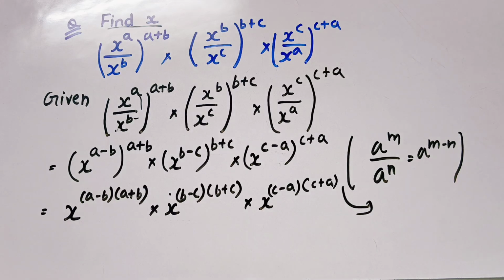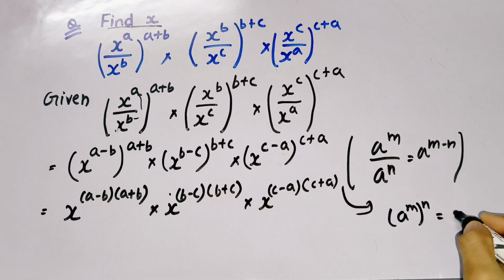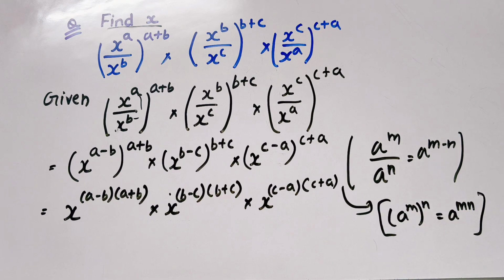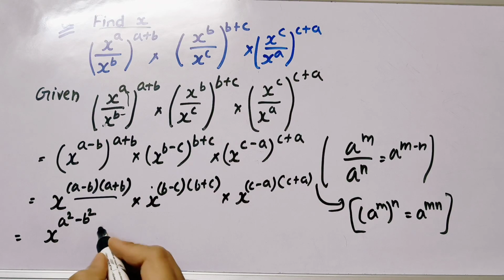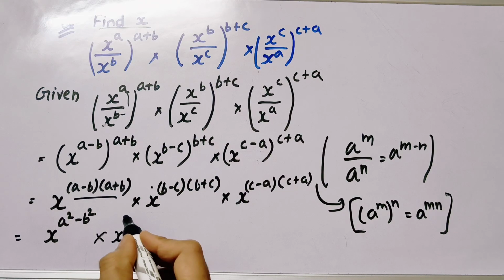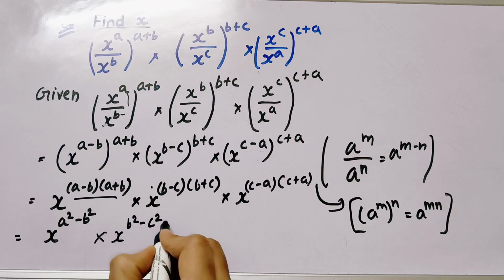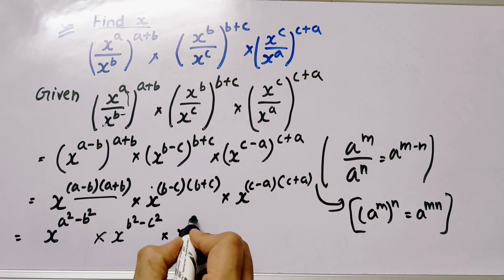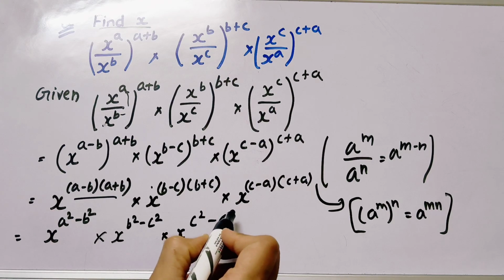This is the rule, that is (a^m)^n, then I can write a^(m×n). Okay, so this is in the form of x^(a²-b²) × x^(b²-c²) × x^(c²-a²).